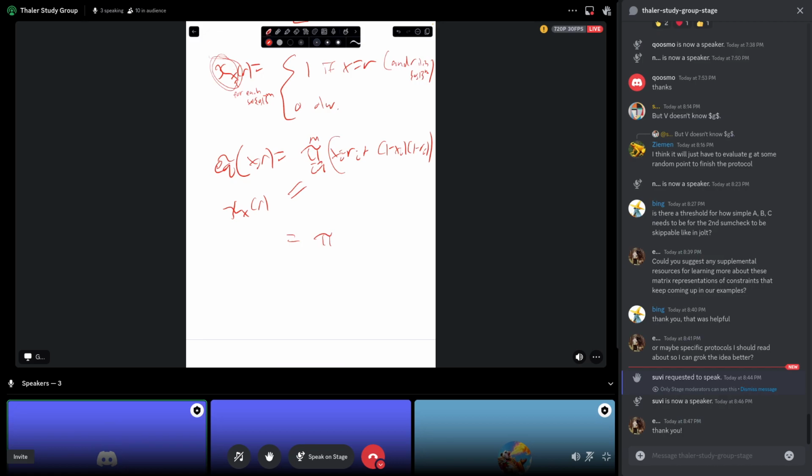It's all equivalent: you can take the product over the indices of x that are 0, and there you get a 1 minus x_i times 1 minus r_i, just because if x_i is 0, the other term is 0 and you can ignore it. And I can take the product over the indices where x_i is 1, and there I get x_i times r_i, just because if x_i is 1, then 1 minus x_i is 0, and you can ignore it.